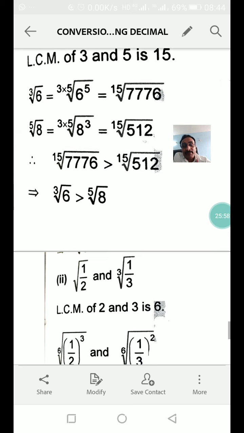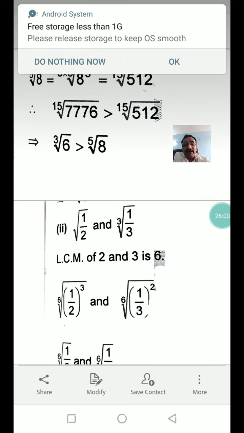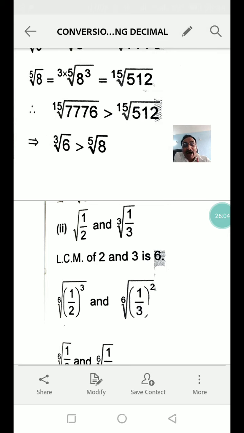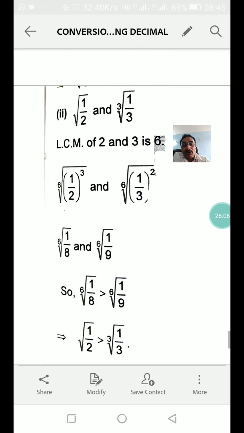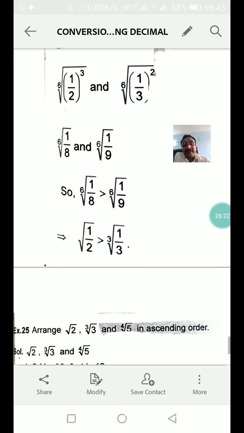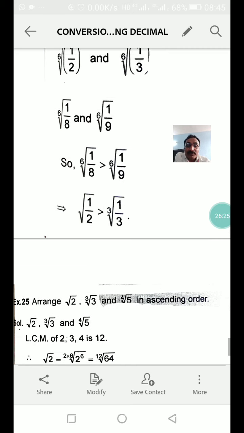Or in between the square root of 1/2 and the cubic root of 1/3, after making them the same order, you get the 6th root of 1/8 and the 6th root of 1/9. Now between 1/8 and 1/9, 1/8 is greater, hence the 6th root of 1/8 is greater than the 6th root of 1/9.